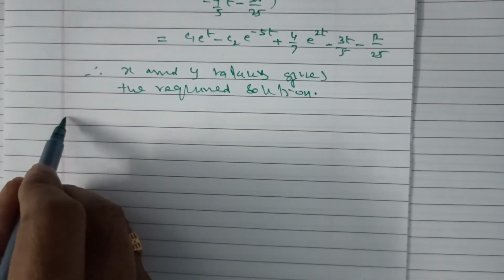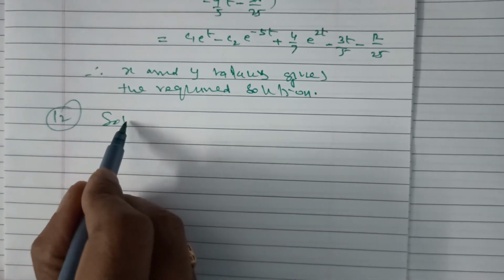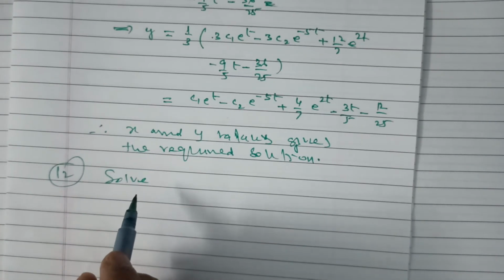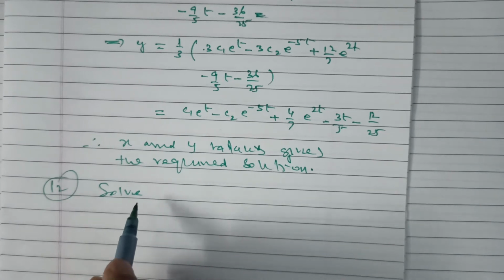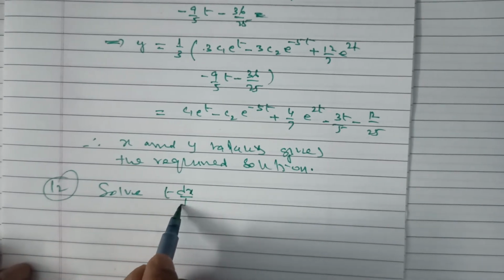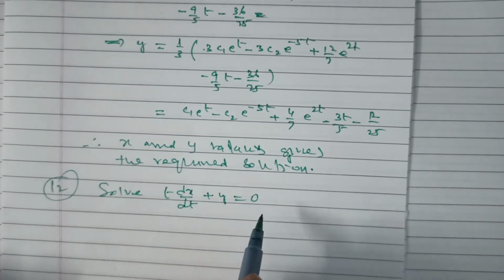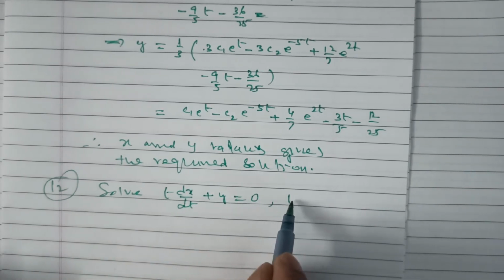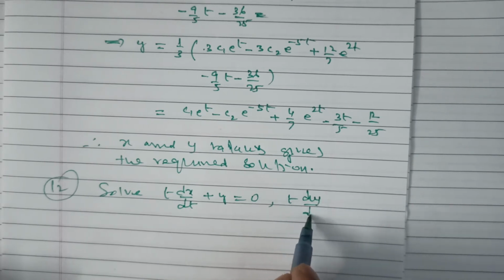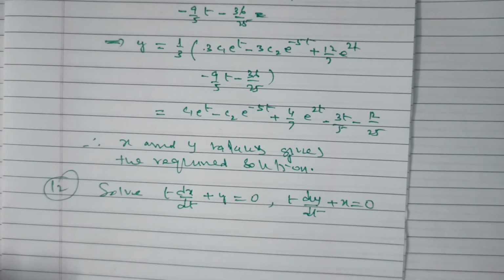Right, 12th problem. Solve t dx/dt + y = 0, t dy/dt + x = 0.